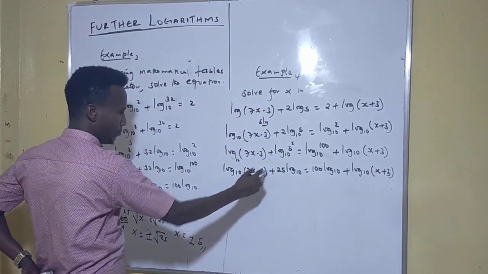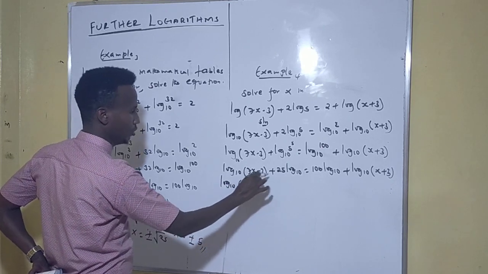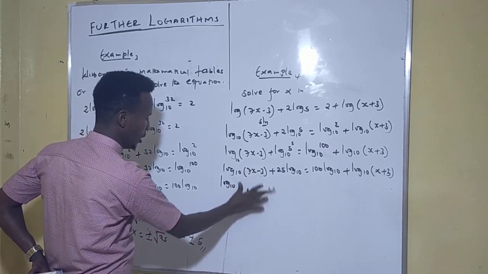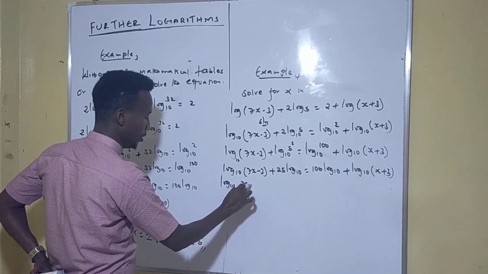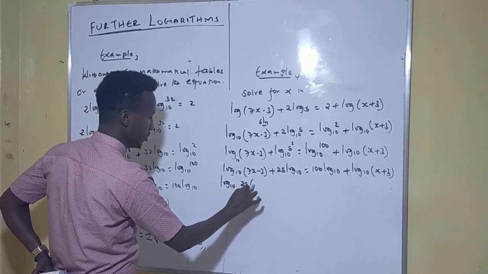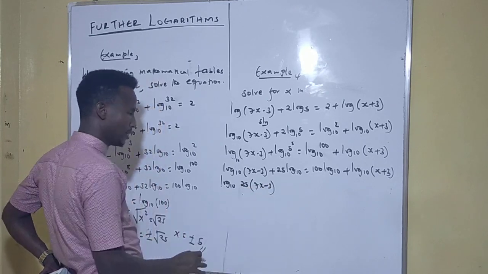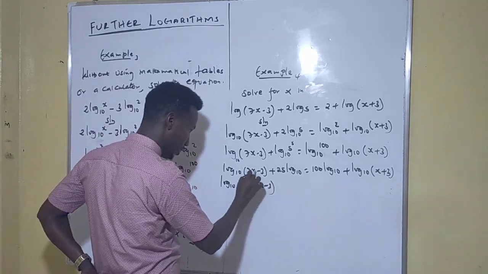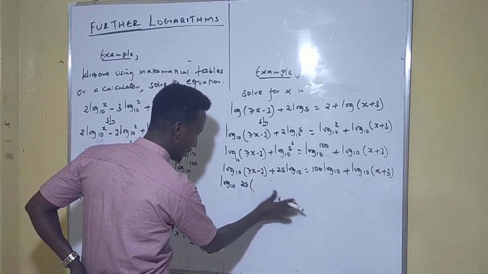So that is log base 10 of the multiplication of these two. Look here, 25 into 7x minus 3. Just understand that. 25 into these two, yeah? Just understand 7x minus 3 inside here.